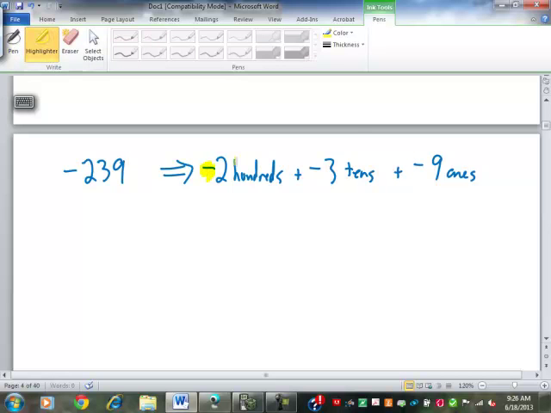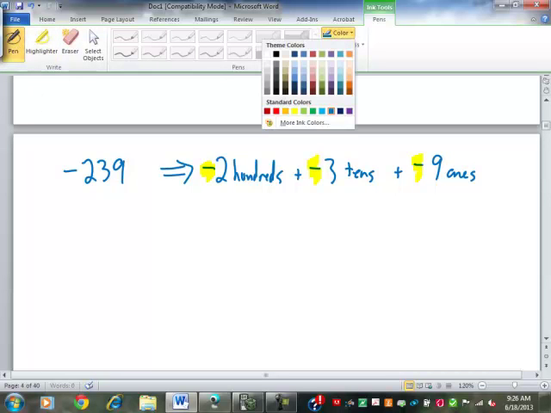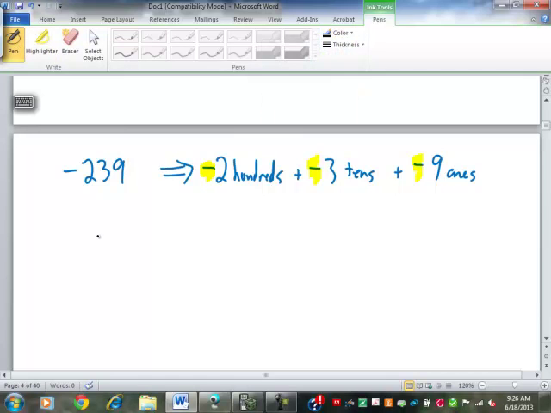Every digit of that number is negative. In an algebraic number, however, we can have a positive 2x squared, a negative 7x, and a positive 8. Each digit of that algebraic number can be positive or negative on its own.